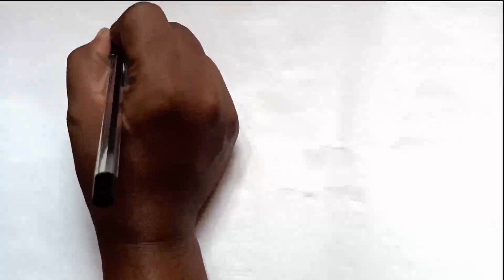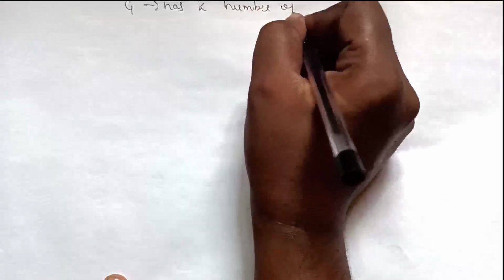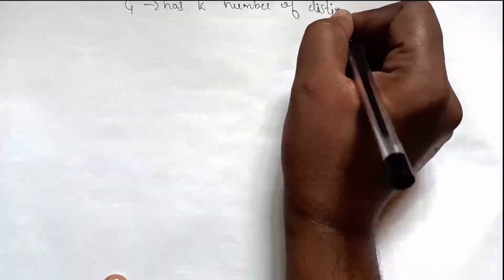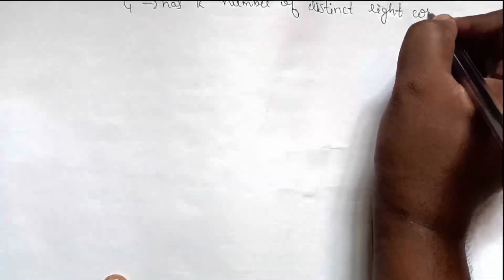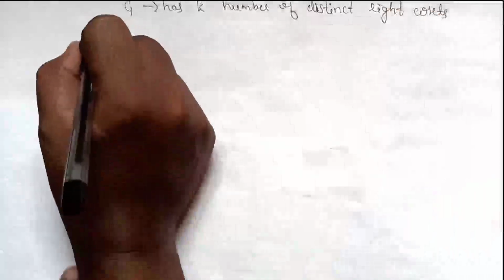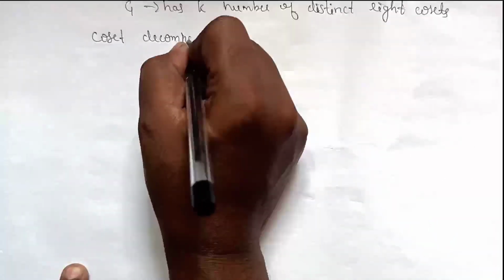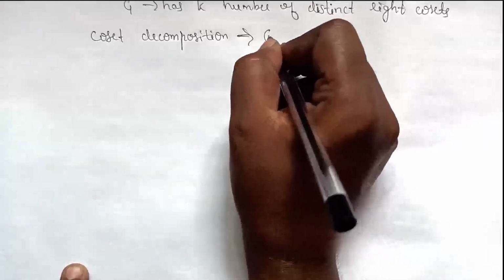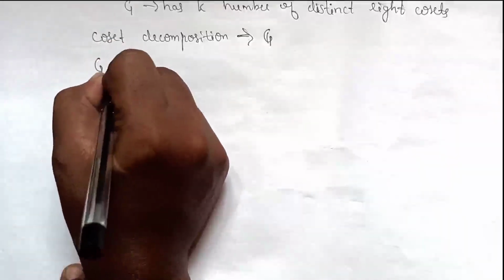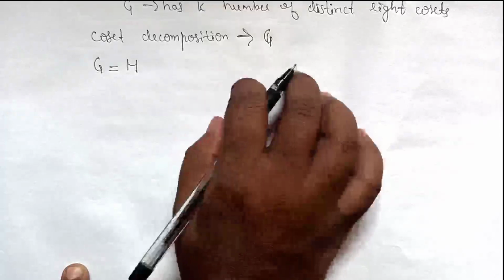So that means G has k distinct right or left cosets. Now, from the coset decomposition, G can be written as the union of all the right cosets.